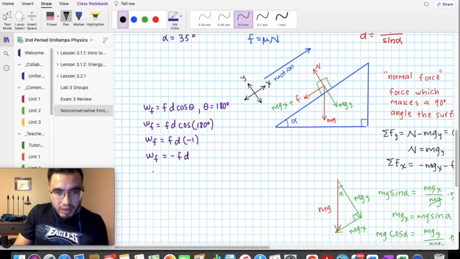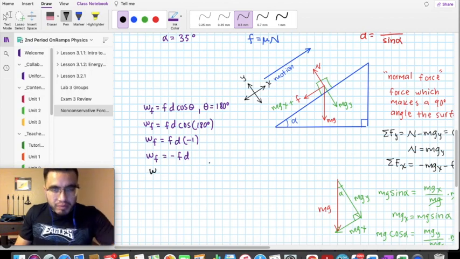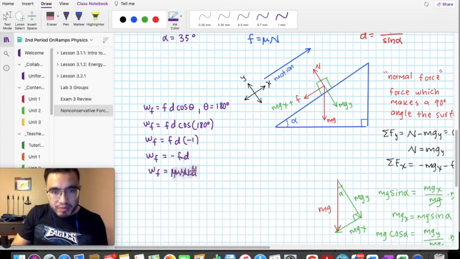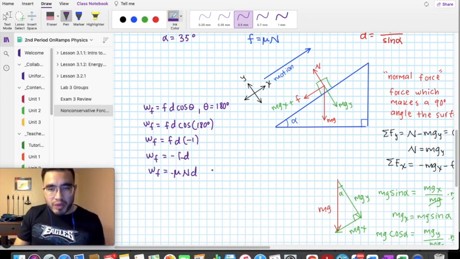So work done by friction is the coefficient of friction times the normal force times distance d. Okay, I forgot the negative sign. Don't ever forget the negative sign. They can make you or break you. Okay, and now we know that the normal force is mgy.